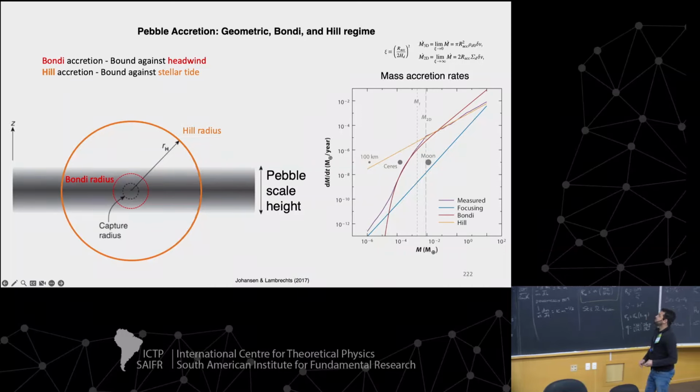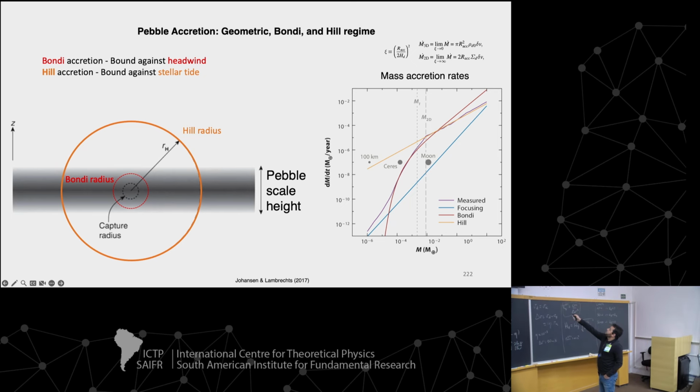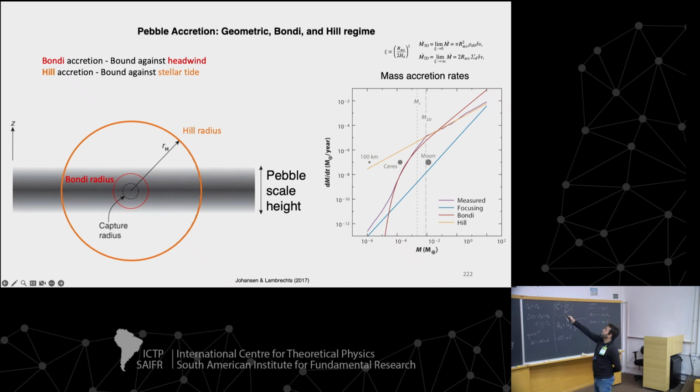So you can see here what the mass accretion rates are. For the 3D case, as I said, the cross-section is the full cross-section, right? That's pi r squared. And then you have here the dust density, and then the difference in speed between gas and dust, delta V. So you can get here this mass accretion rate for the 3D case. For the 2D case, it is just a line.